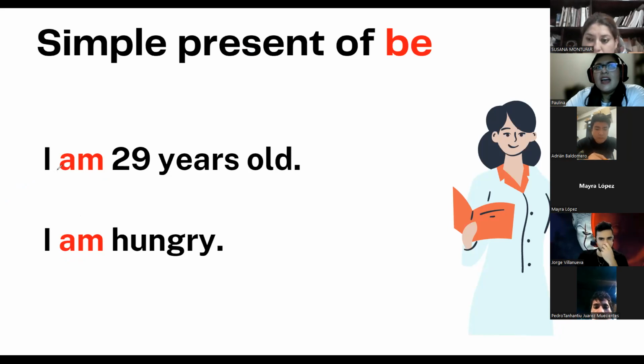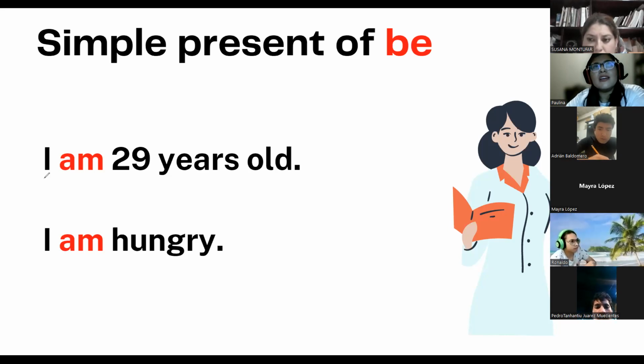En lugar de decir tengo 29 años, voy a decir I am 29. I am 29 years old. Siempre que sea relacionado a la edad, no voy a decir I have, voy a decir I am. Es como decir soy 29 años vieja, algo así.